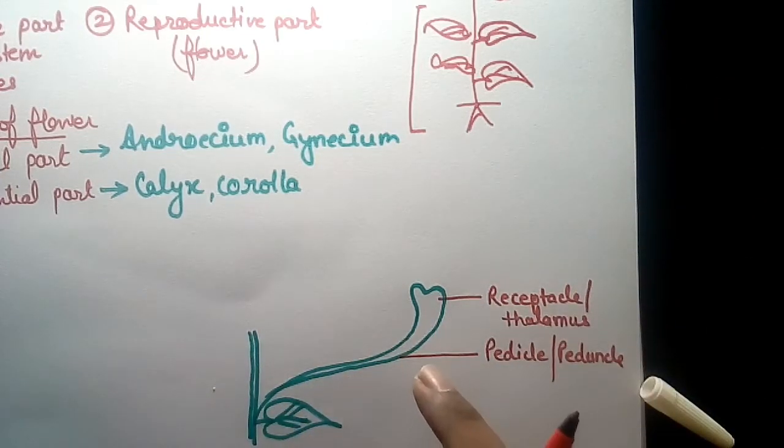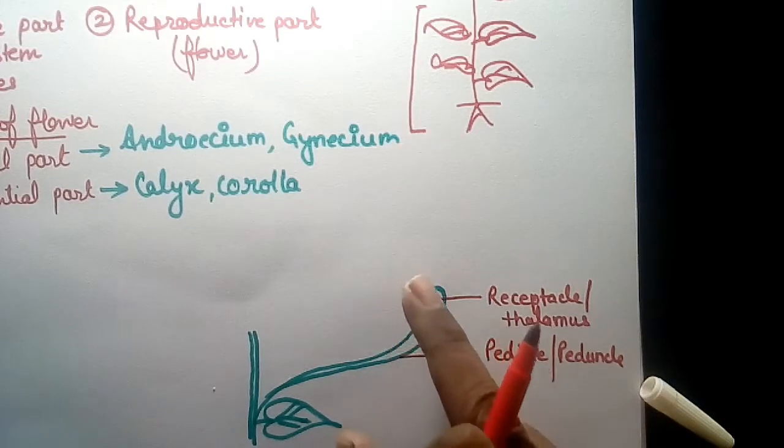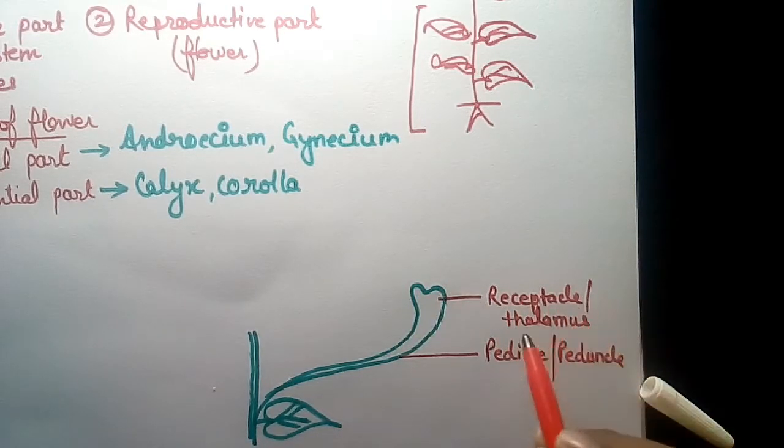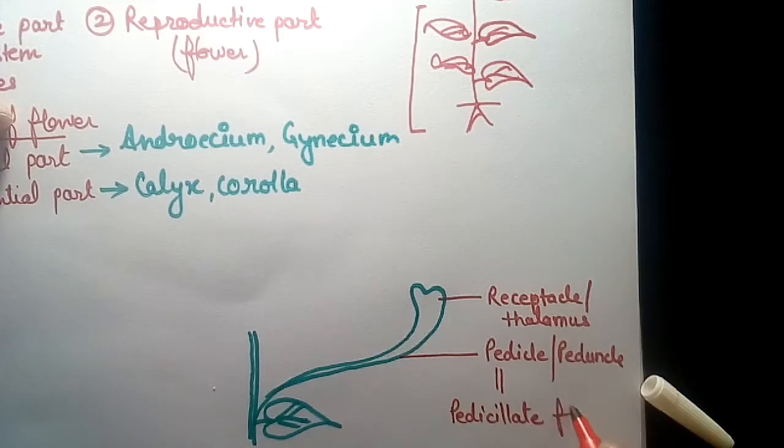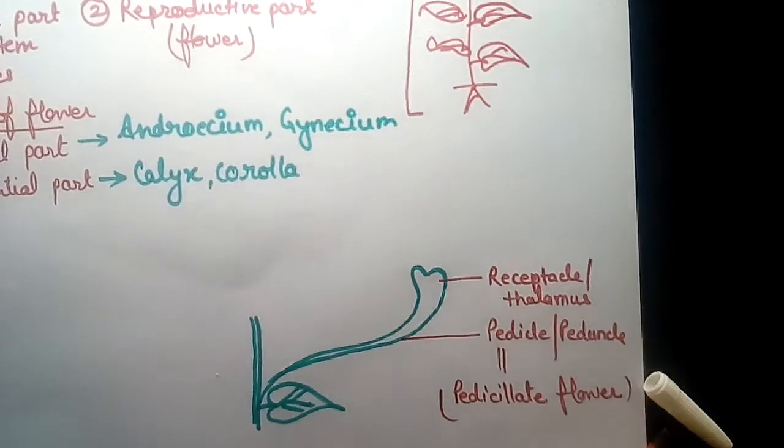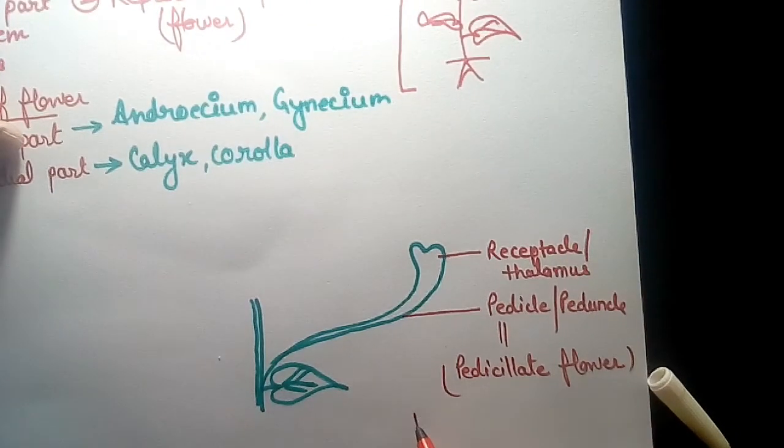The terminal portion of the pedicel becomes swollen to form the receptacle or thalamus. Now those flowers which possess a pedicel are called pedicellate flowers. Those flowers which have a pedicel are pedicellate, and those which don't have one, we can say pedicel absent, are called sessile flowers.